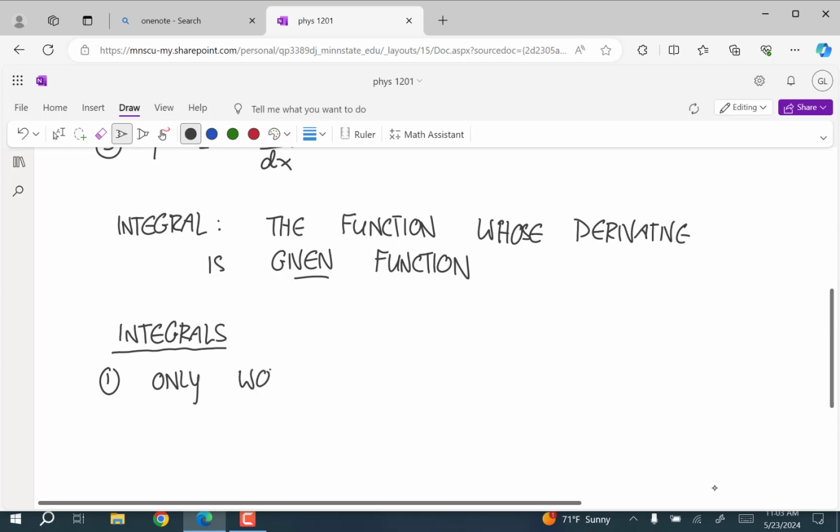So these only work for functions, not just single values of a variable, like say at a single instant.